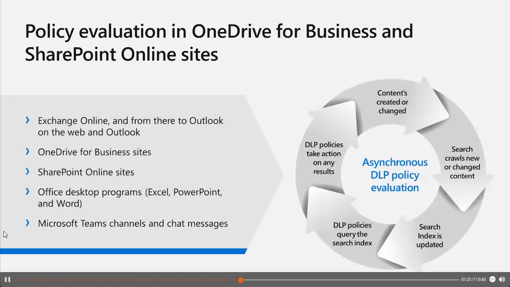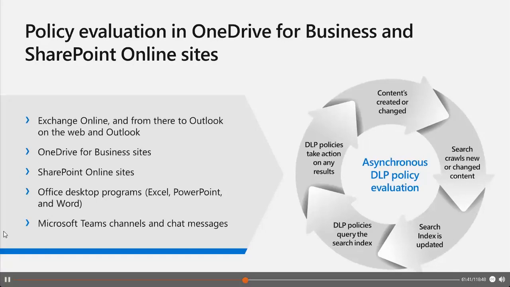The policy evaluation in Office desktop programs like Excel, PowerPoint and Word includes exactly the same capabilities to identify sensitive information and apply DLP policies, as we already heard about SharePoint Online and OneDrive for Business. The Office programs sync the DLP policies directly from the central policy store and then continuously evaluate the content against the DLP policies when people work with documents opened from a site that's included in the DLP policy.